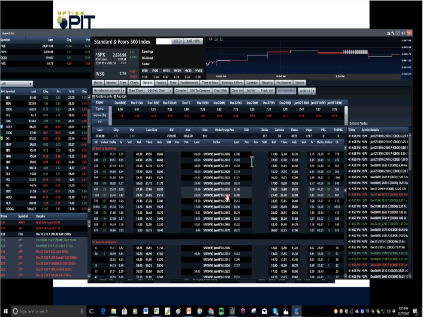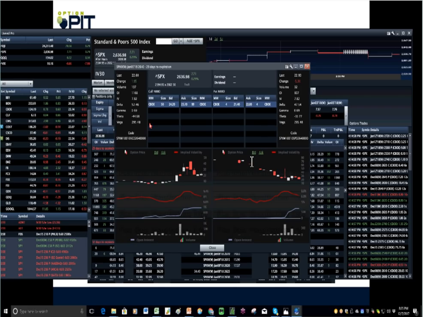For a 1 point move in the straddle, I have 295. I have about 600 Vega per straddle. That means for every 1 point move in volatility, the straddle gains $6 in value. So 295 Vega just means for every 1 point move in volatility, the option price goes up 295 bucks.